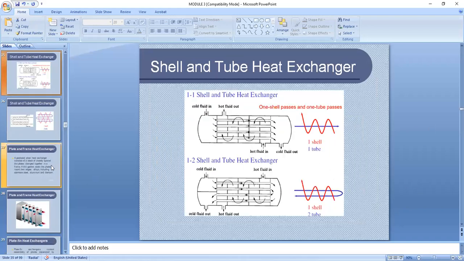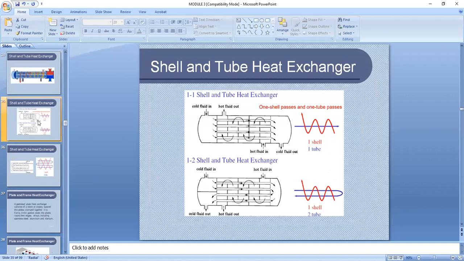Now, this particular shell and tube heat exchanger can have several configurations. So in your handbook, you can even have the 3-6 configuration, 6 tubes in 3 shells. Now, what I have here are just the common ones. So you have a 1 shell, 1 tube bundle type of orientation.